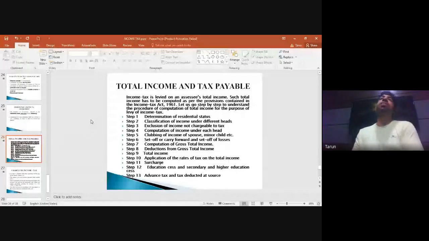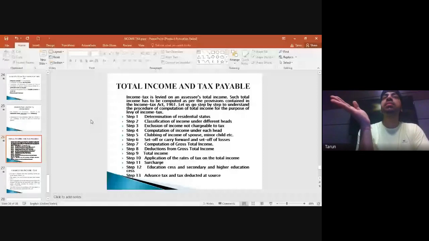So this is a step-by-step procedure you have to follow, and when you follow it, you will definitely get the correct answer. The first step, as I told you, is knowing whether that particular person is a resident of India or not.